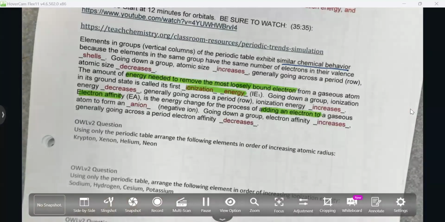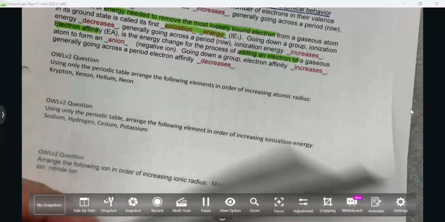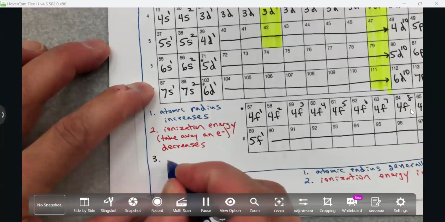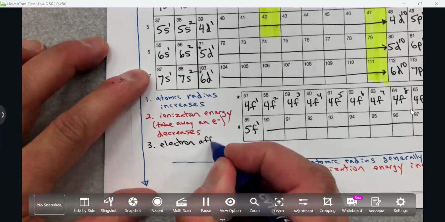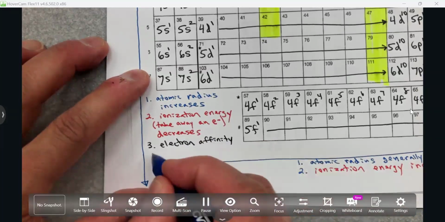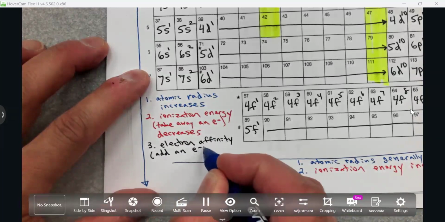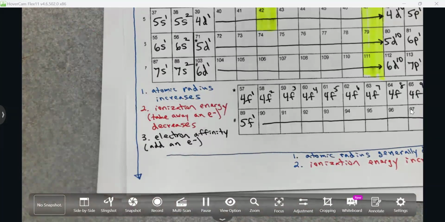So electron affinity, adding an electron. Number 3, electron affinity. Add an electron. And I'm going to check going across to make sure.